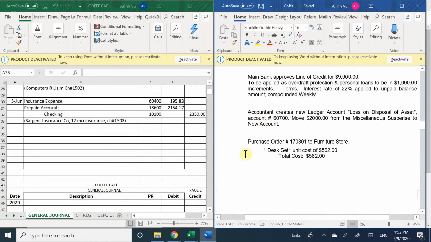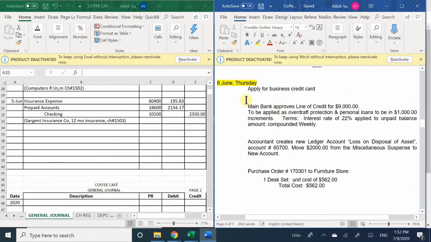Okay, so just with that, do you think we need to journalize this transaction? No. Why? Nothing happened. Nothing occurred yet. Well, it got approved, but the scenario is if you've gone over your account. When does the bank actually bill you this information?